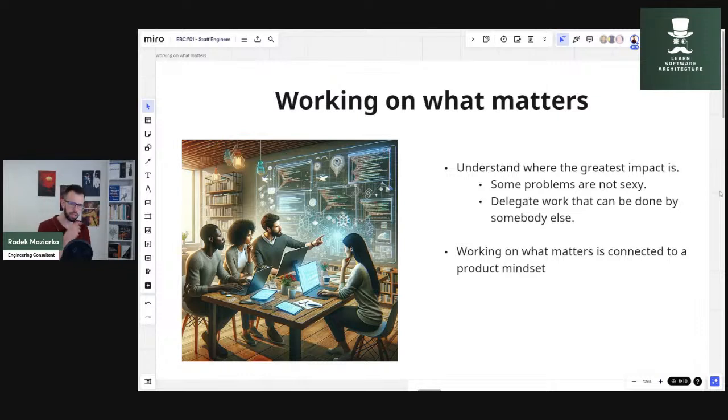The interesting insight that I had from this chapter is that working on what matters is connected to product mindset. It really popped up during this chapter that you need to understand your customers as a person who has the product mindset.